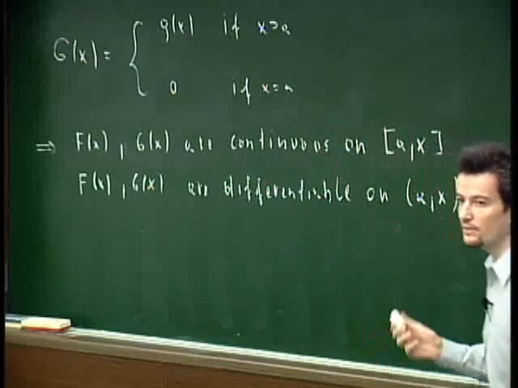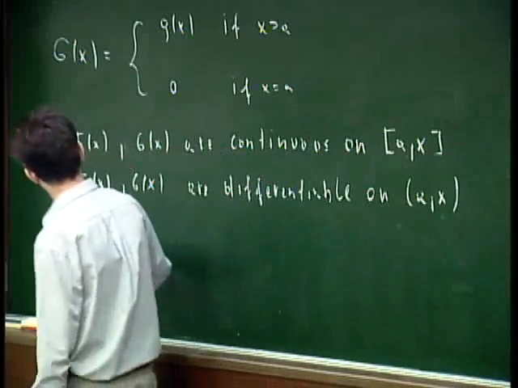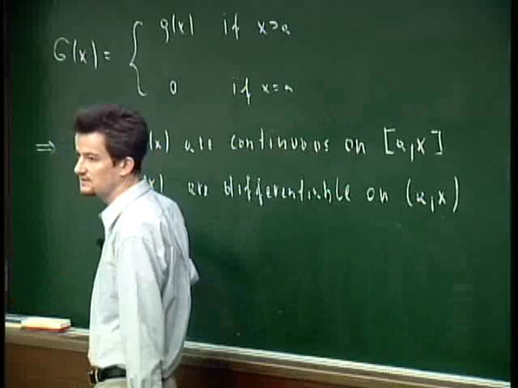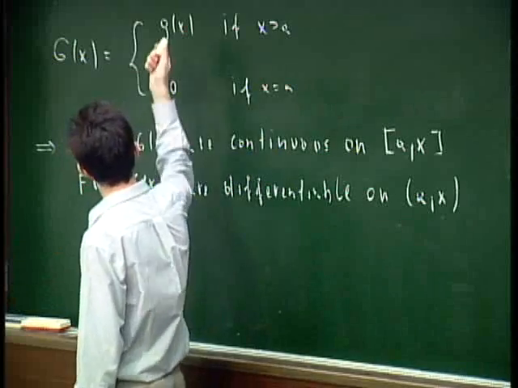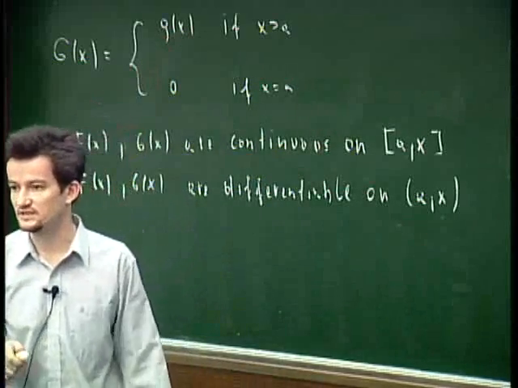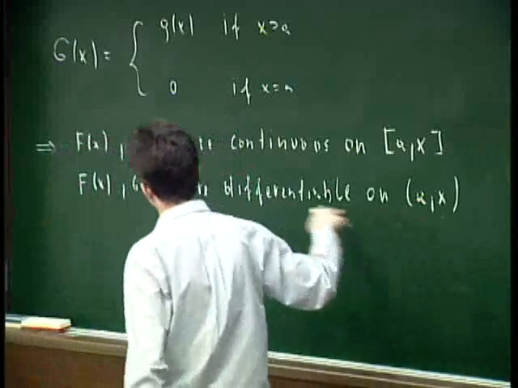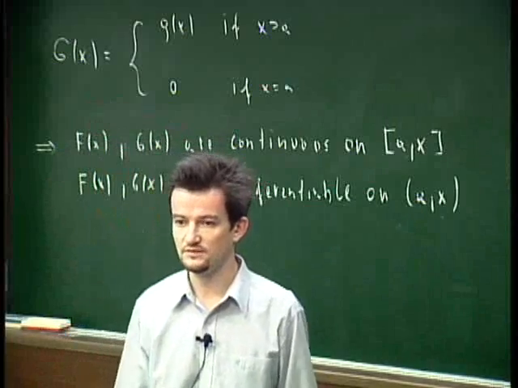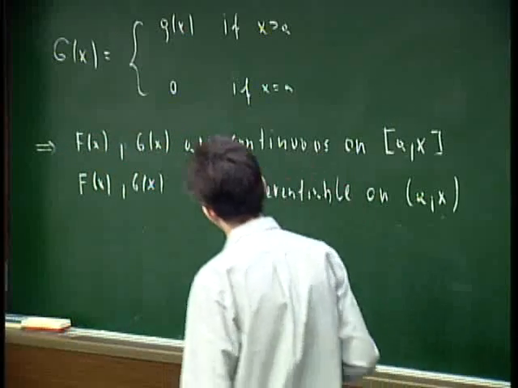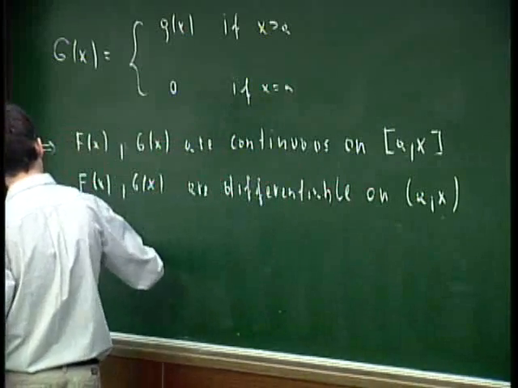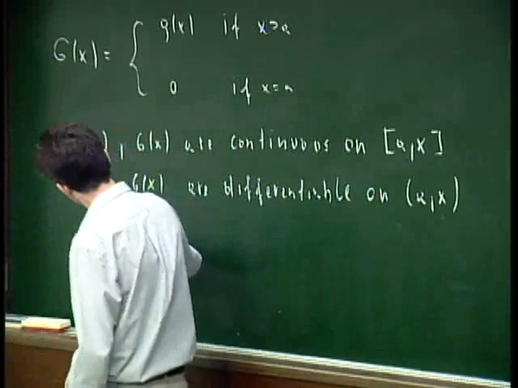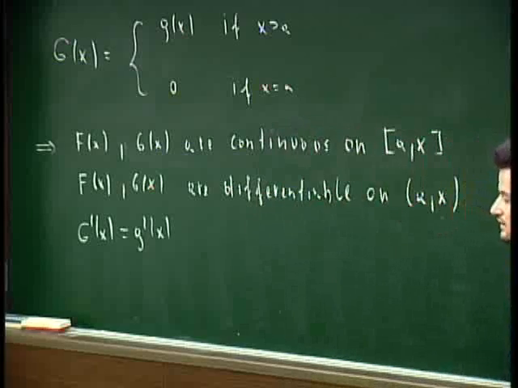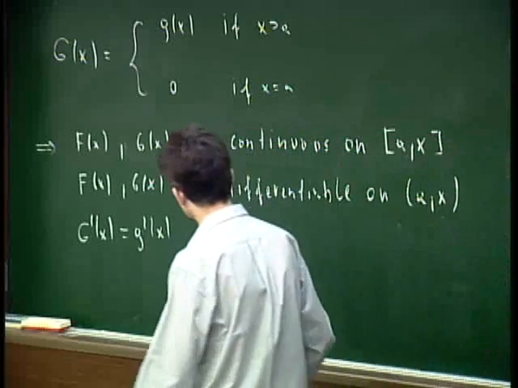Moreover, the derivatives of capital F and capital G are just equal to the derivatives of small f and small g inside this interval, because there the functions coincide with small f and small g. You also observe that the derivative of capital G is nothing else but this derivative, which again by assumption is not equal to 0.